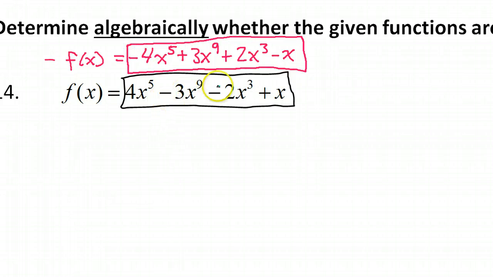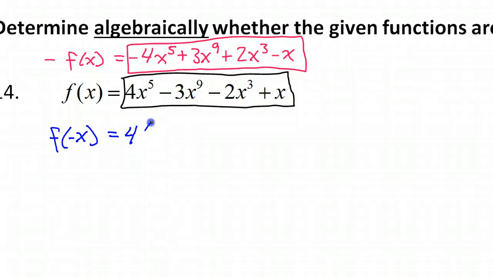Okay, so we've got the original function and the opposite function. The third thing we need is f of negative x. We will go ahead and label it. And that means we are taking the function and we're substituting negative x for all the x's.